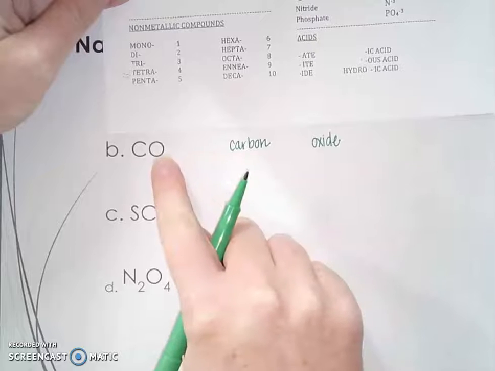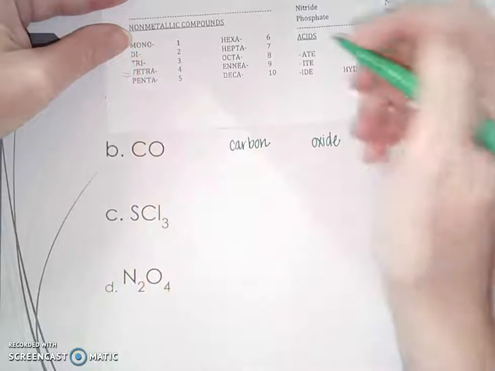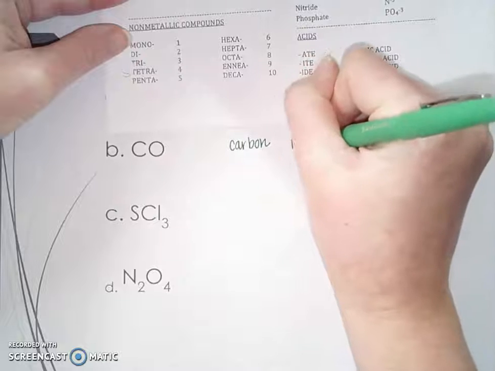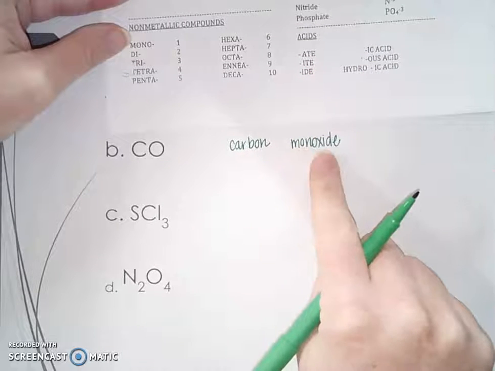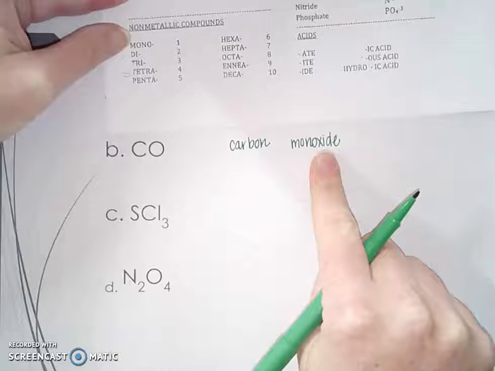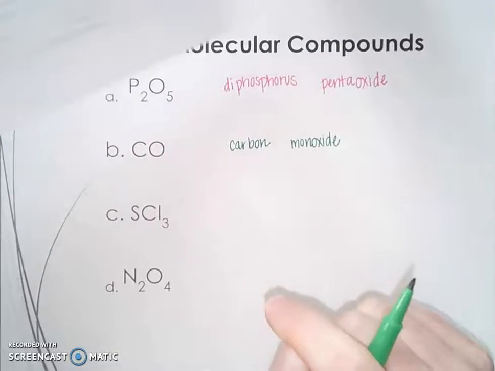O here, I only have 1, so I'm going to use mono. So I have carbon monoxide, which makes sense because you've heard the term carbon monoxide before, but you have never called it monocarbon monoxide. It's carbon monoxide. So that makes really great sense.